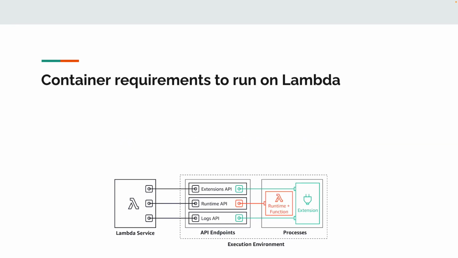What we are here to talk about is the rules of the game. The same way that we spoke about interacting with the runtime API and having the bootstrap file is the rule of the game for the custom runtime. Let's see what's different for us when using containers. So the first one is your container, or whatever's in there, must deal with the runtime API.